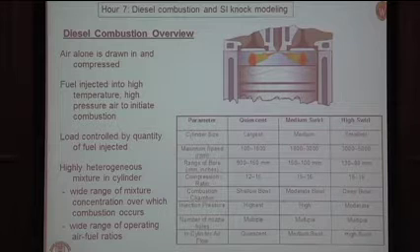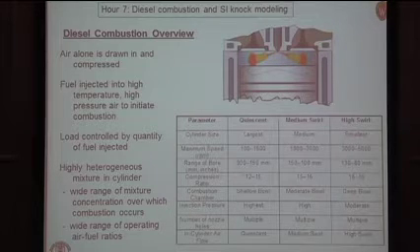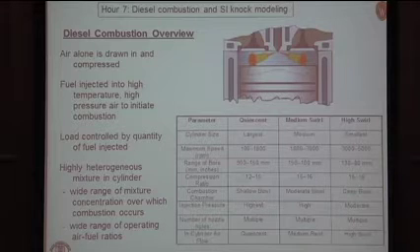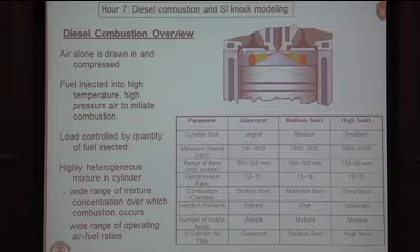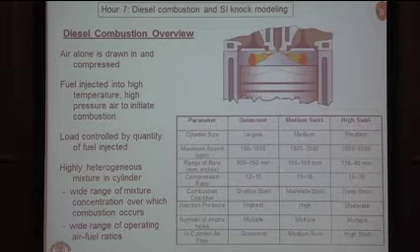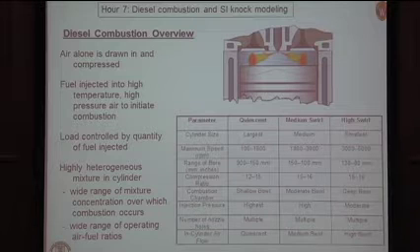And when all is said and done with conventional diesel combustion, you have a very heterogeneous mixture of fuel and air in the cylinder. So you have a wide range of concentrations going from just pure air in some locations in the chamber to very dense liquid spray regions where the equivalence ratio, for example, can be very high.